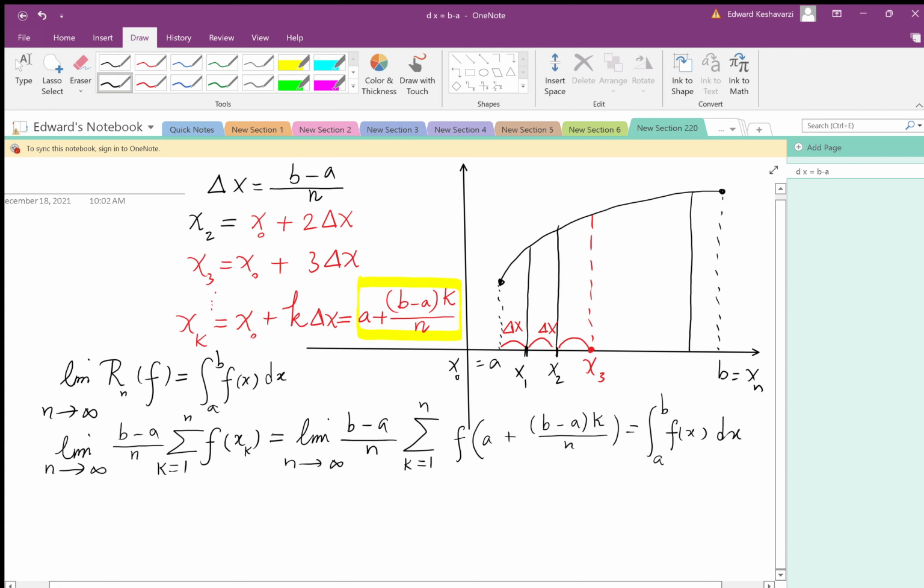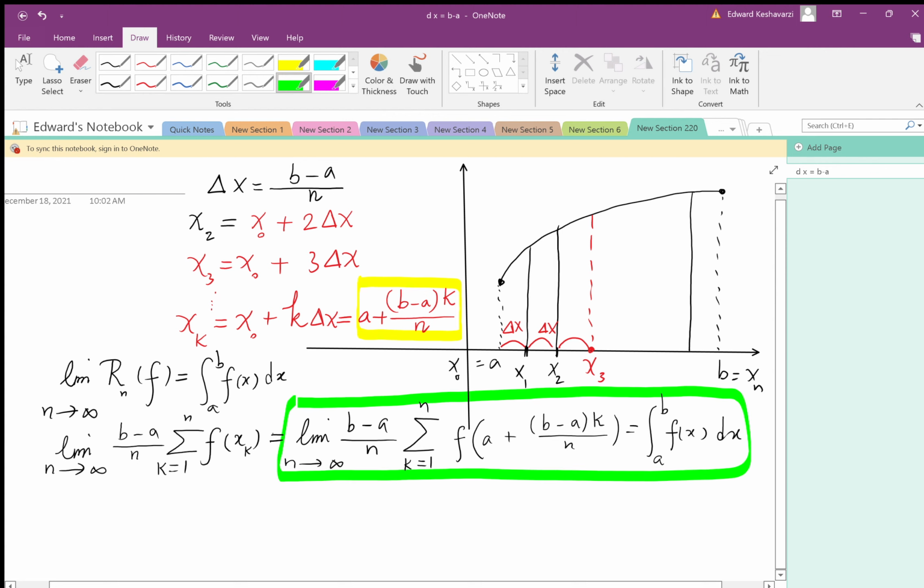This is the formula that we advise all AP students to memorize. Very important, this formula. So how does it work? Let's have some examples. You need to have this formula with you because in each question we need to apply this.